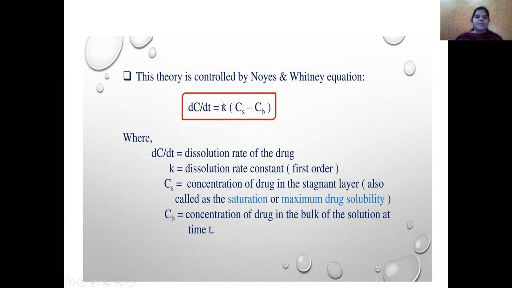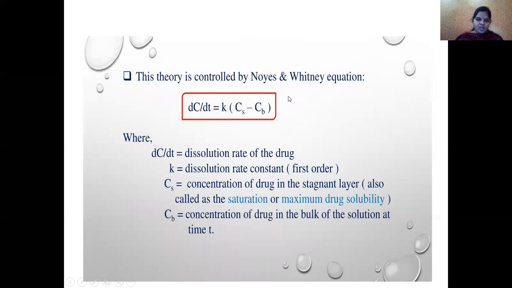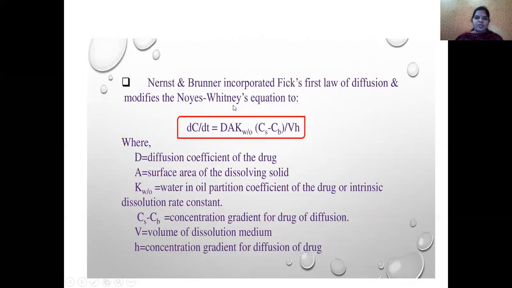K is the dissolution rate constant, and dC/dt is the dissolution rate of the drug. Next, Nernst and Brunner incorporated Fick's first law of diffusion to modify this Noyes-Whitney equation. Noyes and Whitney are the two scientists who formed one equation, and this equation was modified by Nernst and Brunner.